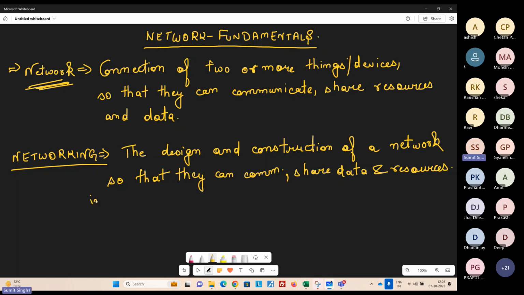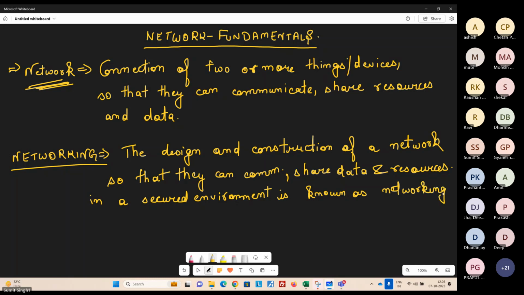But in a secured environment, that also we need to assure, right? What is a secure environment? We'll study. That is known as networking. Okay, so this is network and networking. Any doubts?